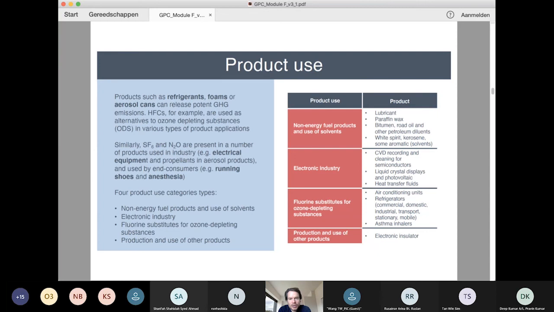The third category is where we're using fluorine substitutes for ozone depleting substances in air conditioning units, refrigerators, and asthma inhalers. And also there's another category called production and use of other products, like electrical insulators. But I'll go through each of these in turn and explain them to you.